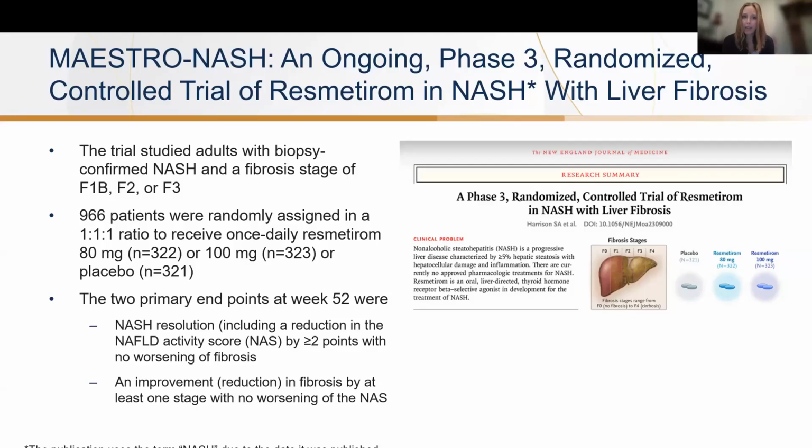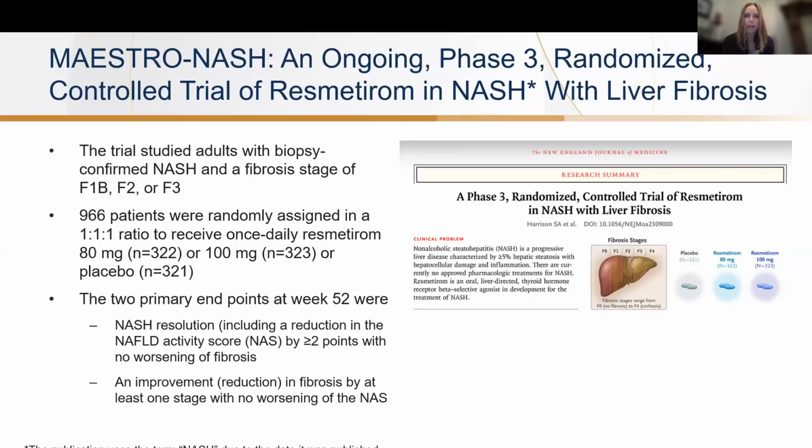One was resolution of NASH, including a reduction of the NAFLD activity score, or NAS, by 2 or greater points with no worsening of fibrosis, and also an improvement or reduction in fibrosis or scarring by at least 1 stage with no worsening of this NAS score.